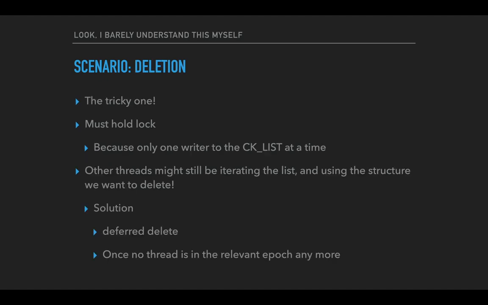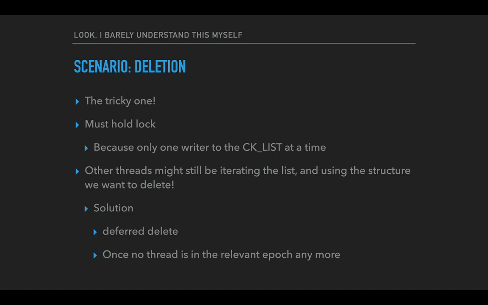Deleting is the complicated one. So, let's say that we want to delete something. We have an RT entry that has expired. We've not seen traffic from this particular MAC address for long enough that we're just going to forget which interface it lived on. To do this, again, we must hold the lock, same discussion as with the insertion, because we can only have one writer to the list at a time.